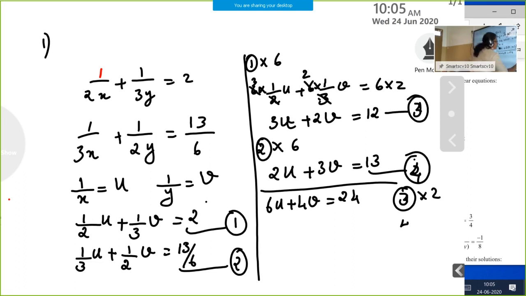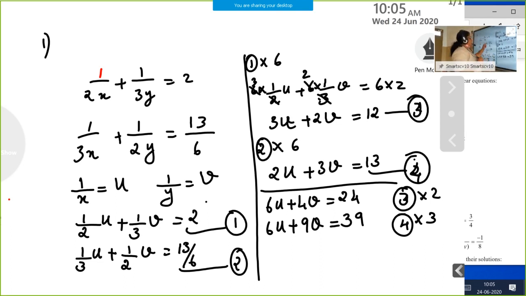Then equation 4 into 3: 6u plus 3 into 3, 9v, is equal to 13 into 3, which is 39.